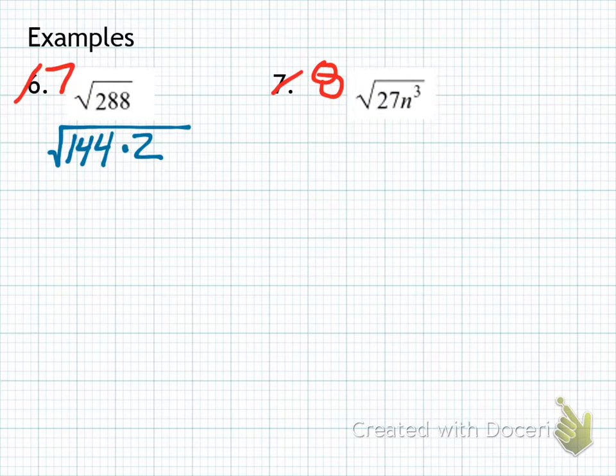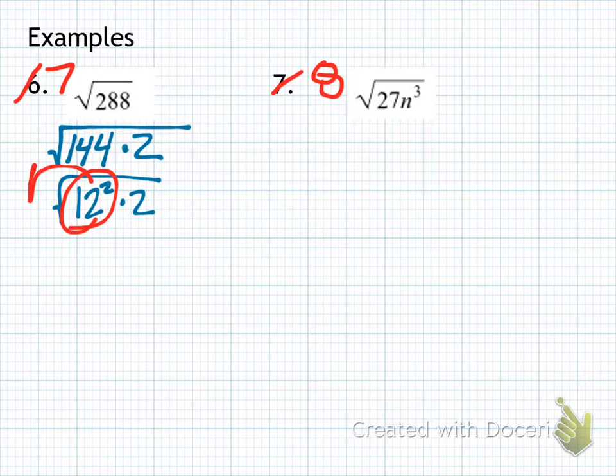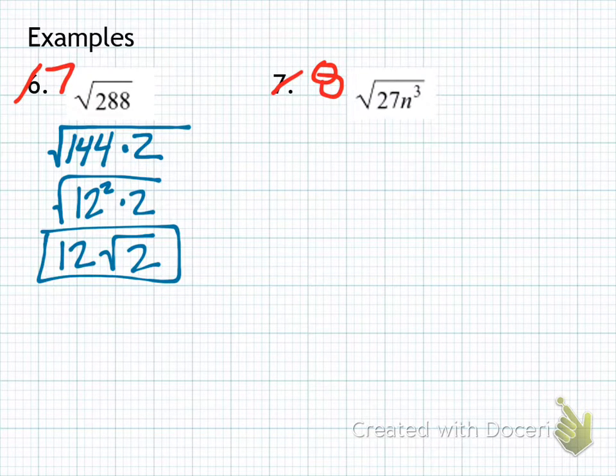So moving on, 144 is just 12 squared, and I have times 2 still under the radical. 12 squared, that's a perfect square, so the 12 gets to come out. I think these kind of cancel out in a way. So I'm left with 12, and then the 2 is stuck under the square root. So 12 root 2 would be my final answer.